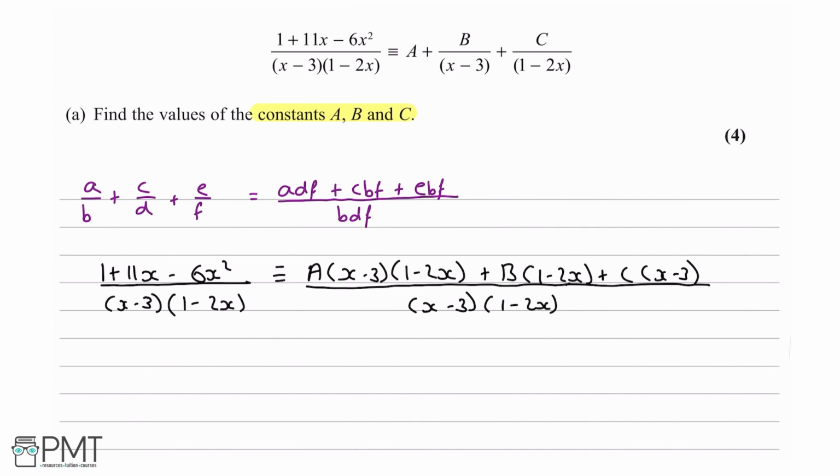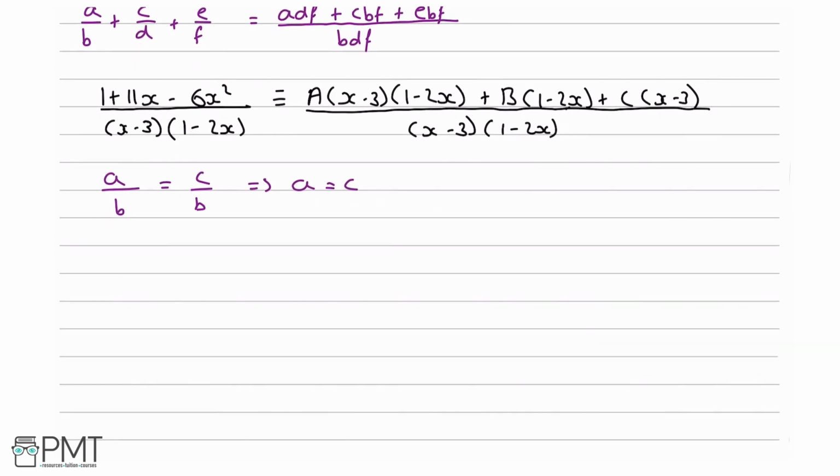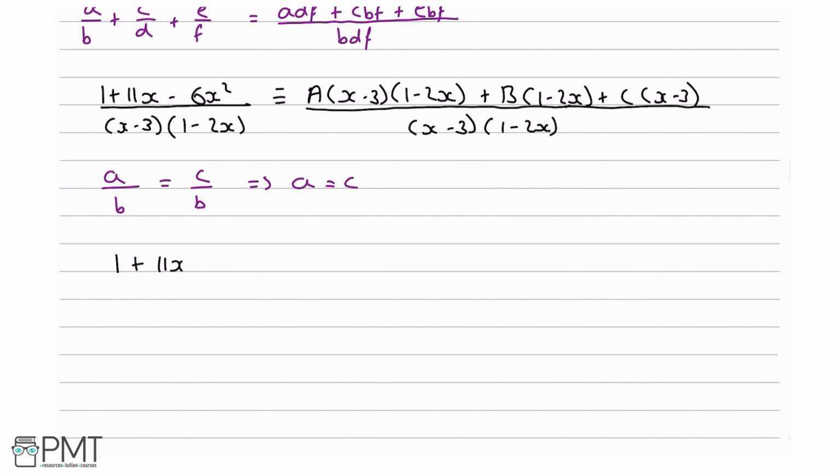Now, at this point, we're going to use another rule, which says if you have a/b is identical to c/b, what this means is a equals c. So we're going to say 1 + 11x − 6x² equals A(x − 3)(1 − 2x) + B(1 − 2x) + C(x − 3).